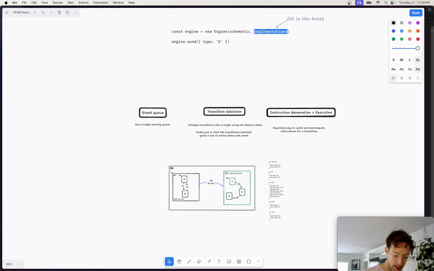What that means is, assuming the schematic that is passed is correct, there is a contract there, and if the schematic is correct, the engine should be able to operate on it without any errors. Number two, what that means is that the errors that can originate in a state chart can only happen from these holes that we're filling in at runtime.